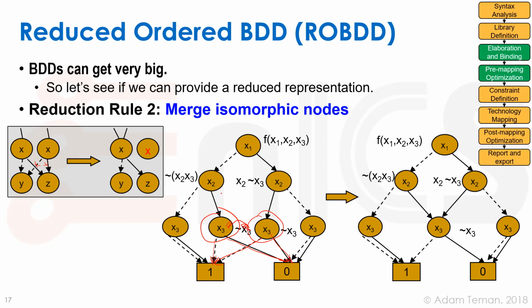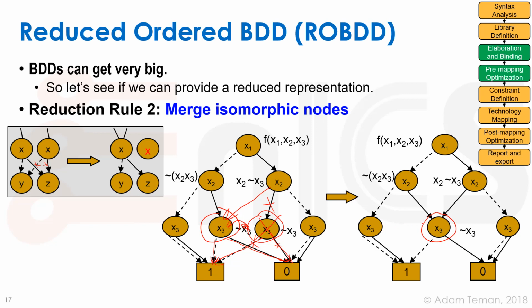So we take these 2 and point there, erase that, then erase this, and we're done. What we get here is this one x3. Both of these x2s have their 1 arcs go to this x3, and the output of x3 is of course what it was before: x3 equals 0, we go to 1, x3 equals 1, we go to 0.